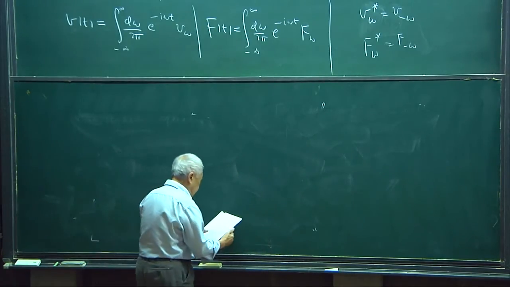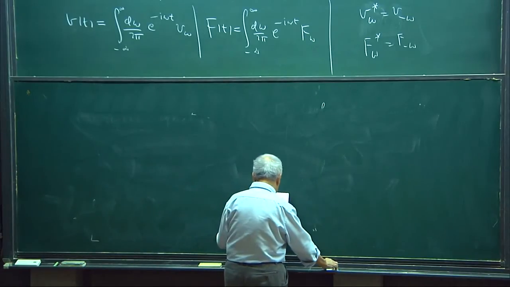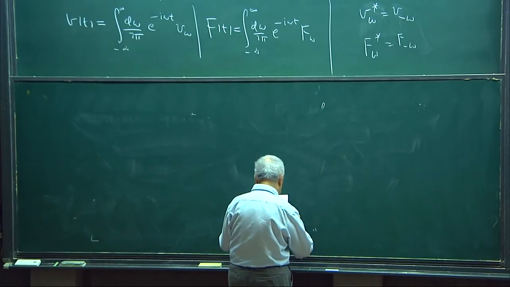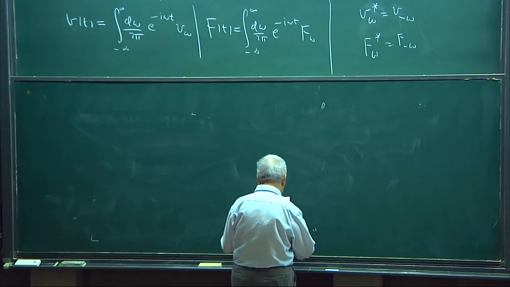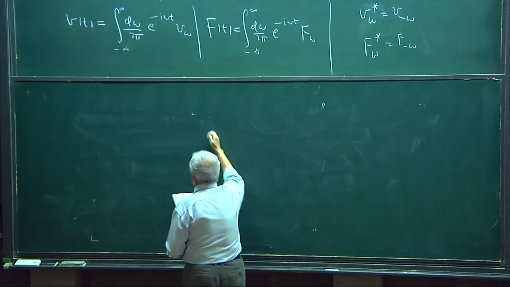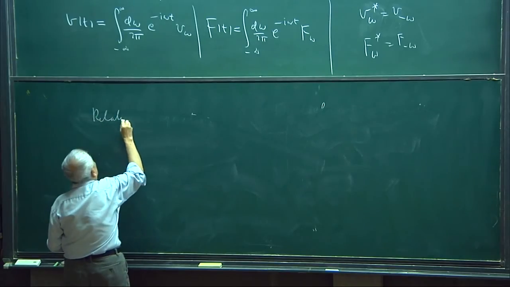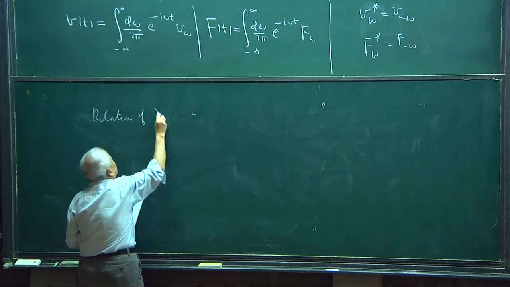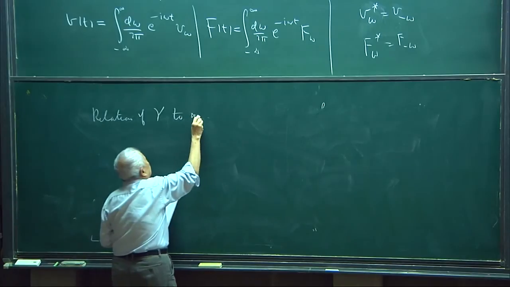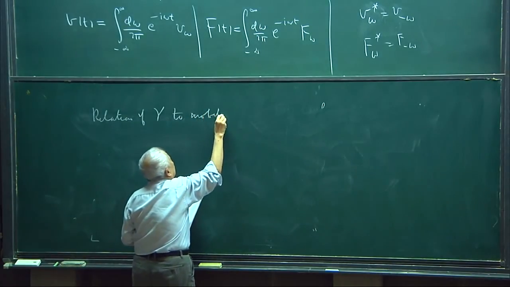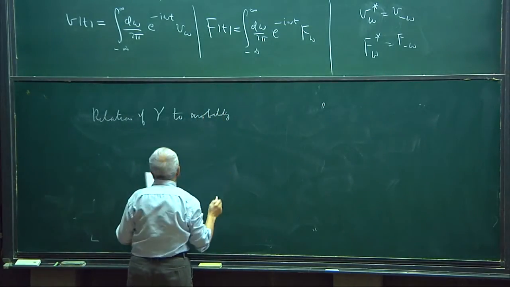Now let's calculate some correlation functions. Well, first of all, let us relate this gamma to mobility. We're going to use this later.